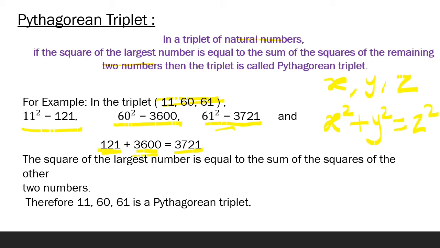Hence we can say the square of the largest number, that is 61, is equal to the sum of the squares of the other two numbers, 11 and 60. Therefore 11, 60 and 61 is a Pythagorean triplet.